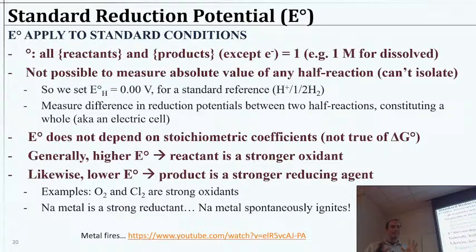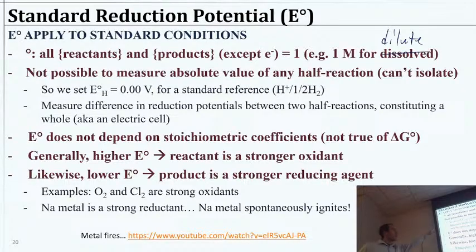A couple other details here to consider. So typically under standard conditions, when we say standard potential or our standard references, we are assuming the activity is 1. And if we are in a dilute solution, then it's 1 mole per liter of a dilute dissolved solution.